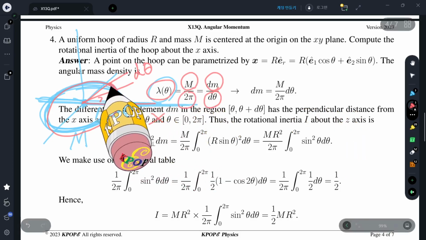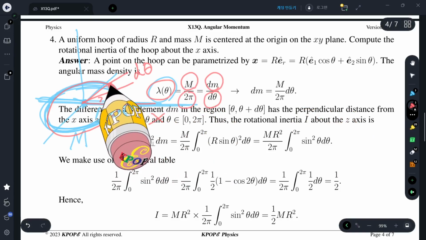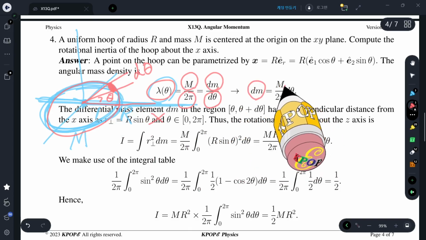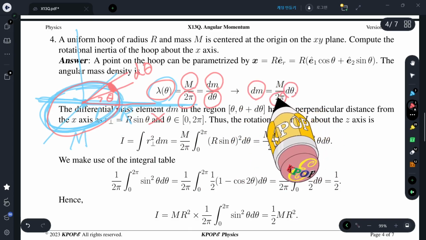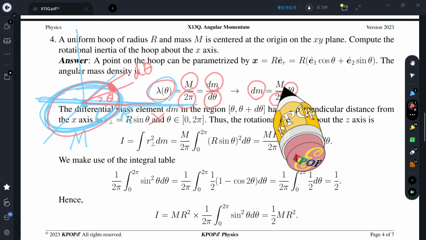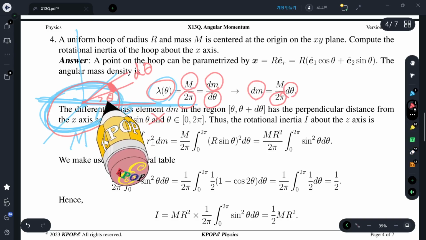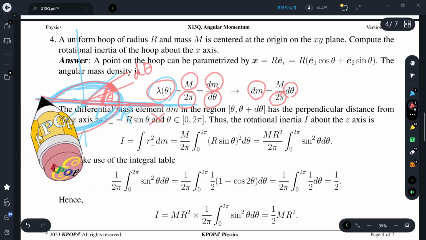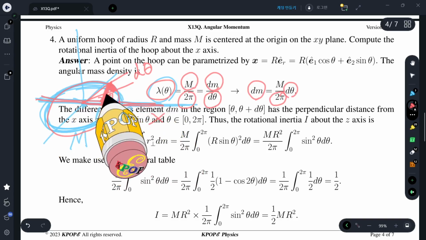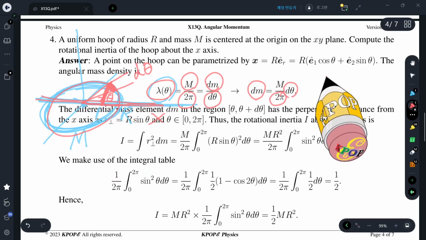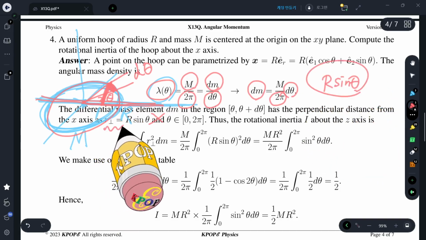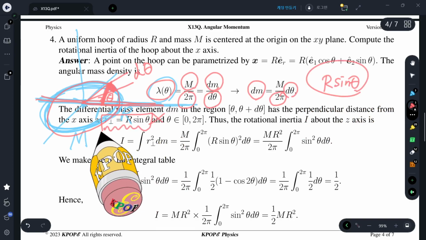So the mass of this small part is d theta over 2 pi times the total mass. What is the lever arm vector? This is the lever arm vector. From the axis of rotation, this perpendicular distance is r sine theta.